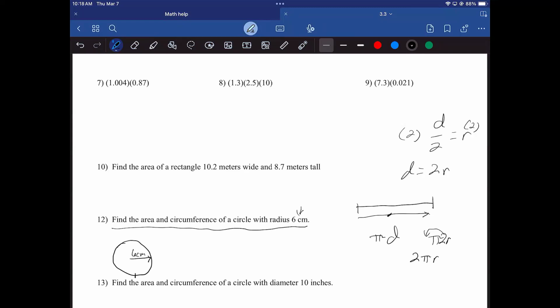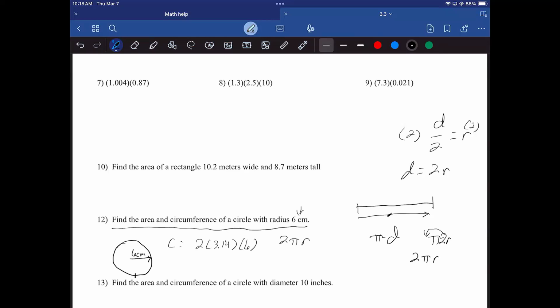So with that, the formula is C equals 2 pi r. For this, you can use 3.14. That helps us with the math. So we'll say 2 times 3.14 times 6. And that's going to be our circumference.